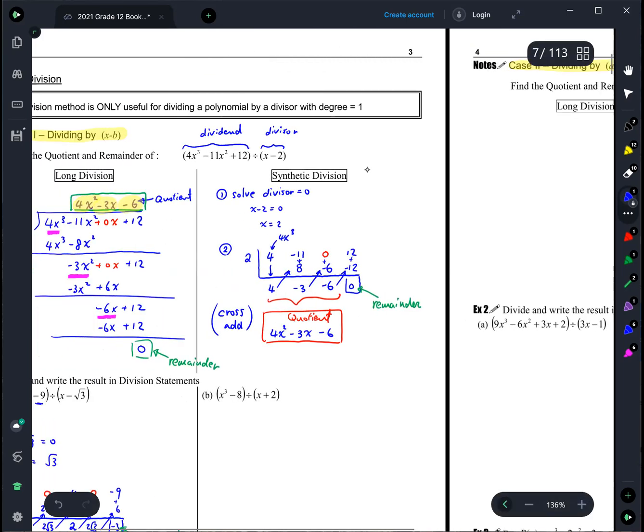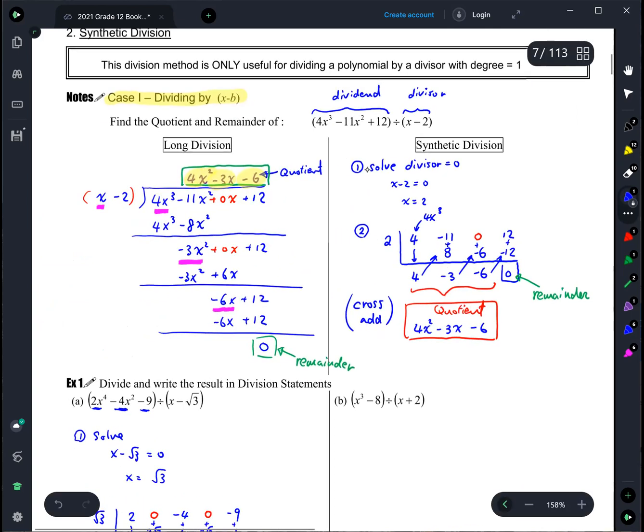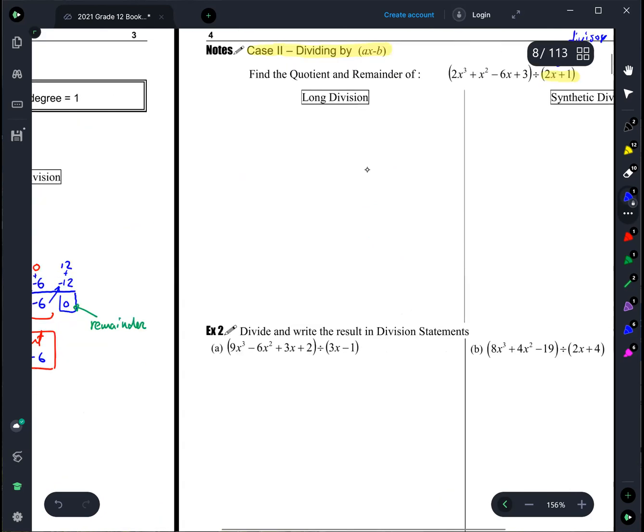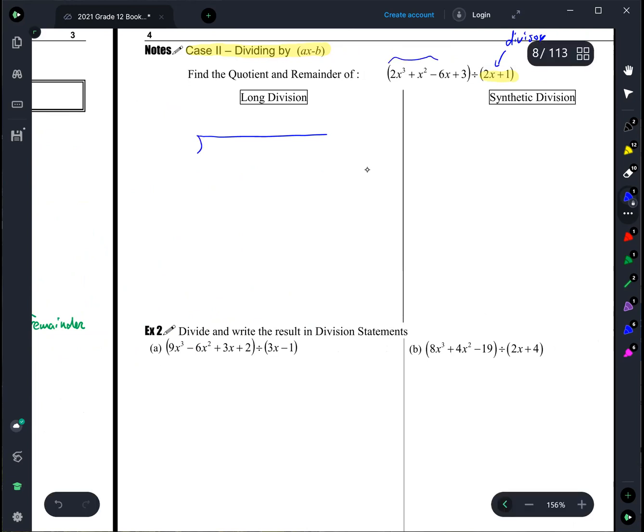Remember, we also did long division last time. The setup is different: we have to write out the x's. So we'll go over the long division. We start by drawing a line here, and we place the dividend. This part is the dividend.